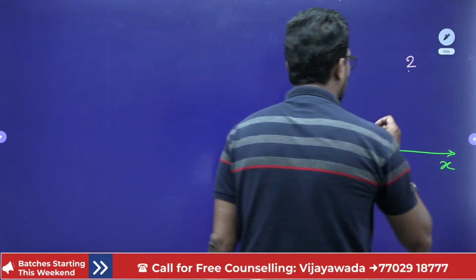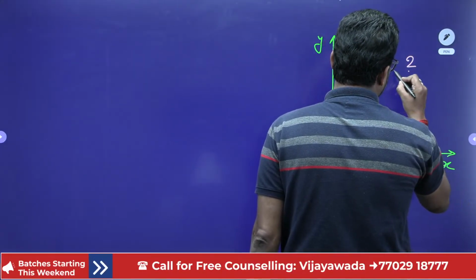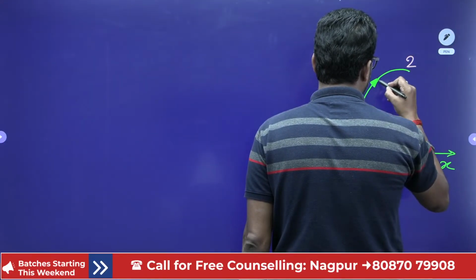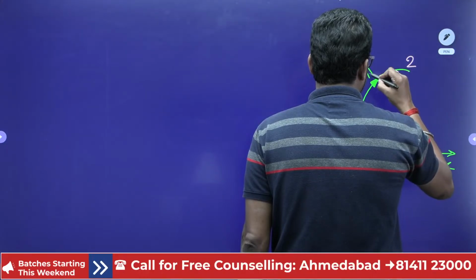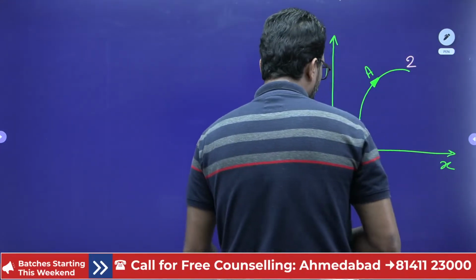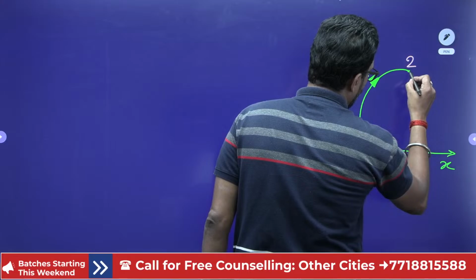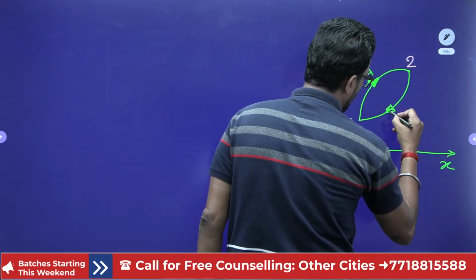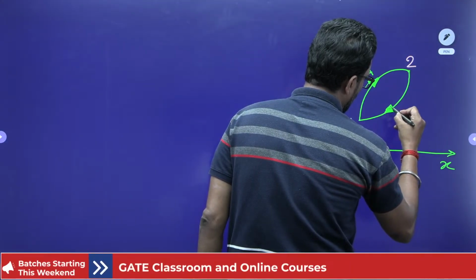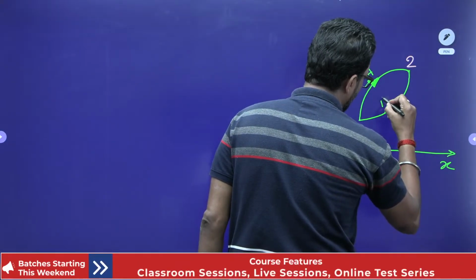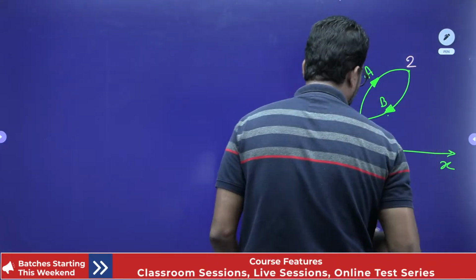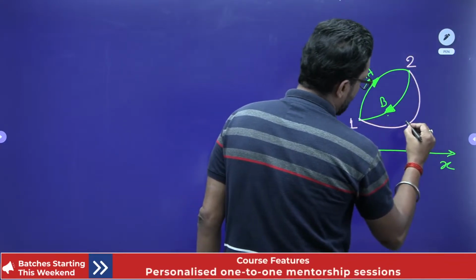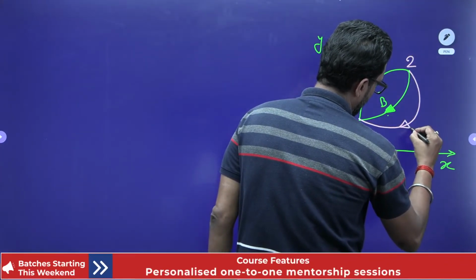So this is path A, and this is path B. So this is a cycle, yes or no? Let's suppose there is another path C. So this is the path C.